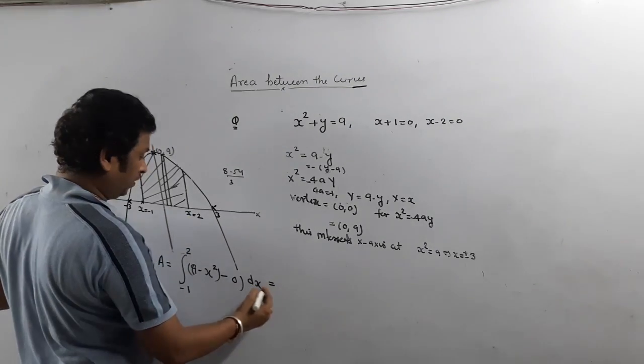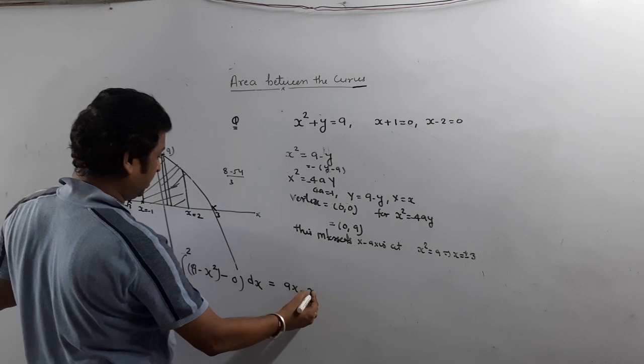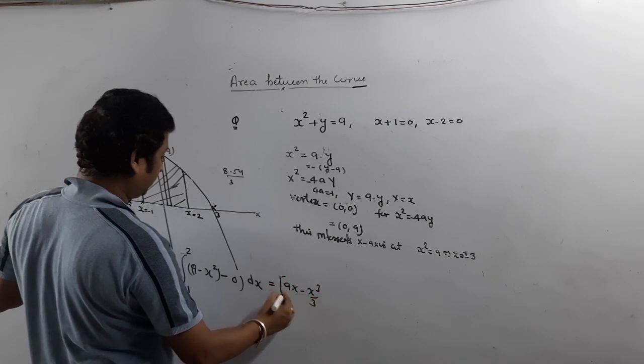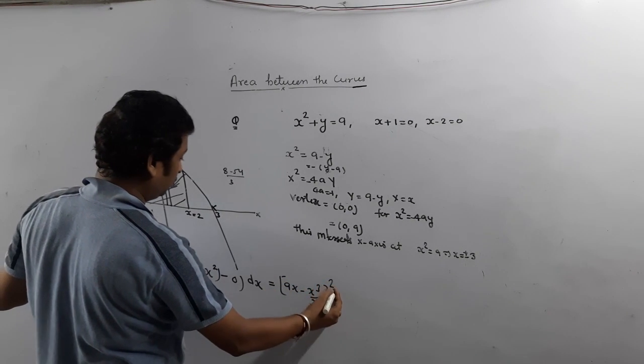So what is the final value? 9x minus x cube by 3, limit from minus 1 to 2.